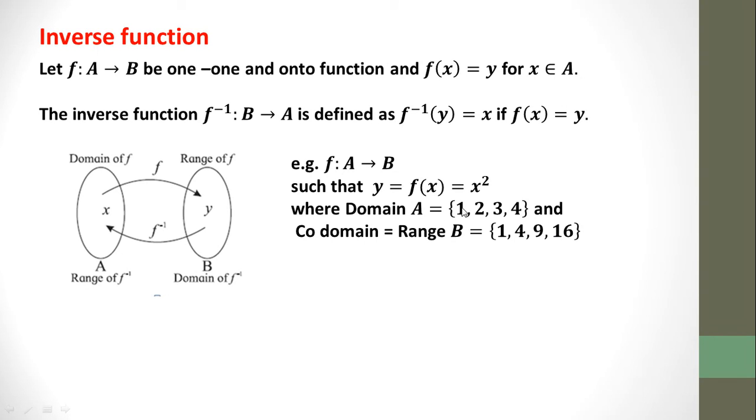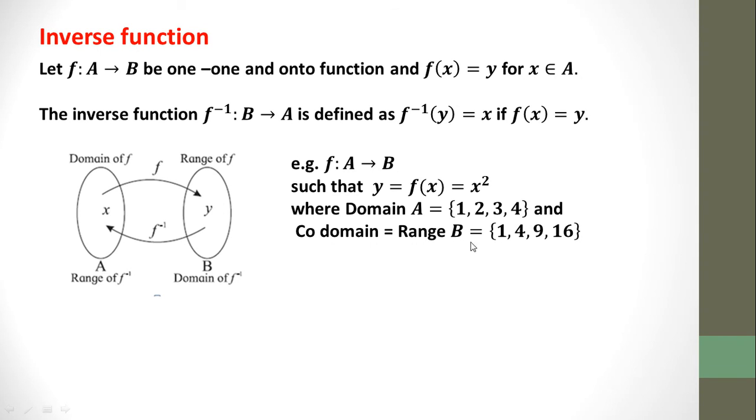Every different element in set A has a different image in set B. So it follows that this is a one-one function, because the image of 1 is 1, of 2 is 4, of 3 is 9, and of 4 is 16. If you think about onto function, 1 is an image of 1, 4 is an image of 2, 9 is an image of 3 and 16 is an image of 4.